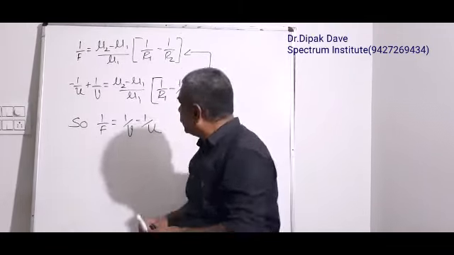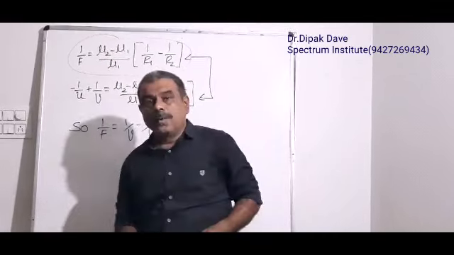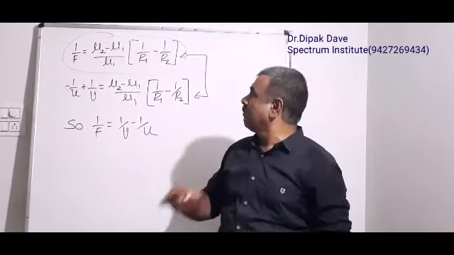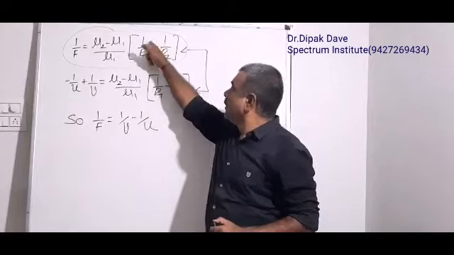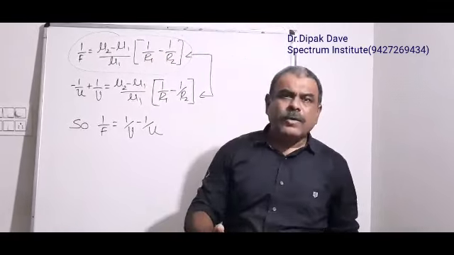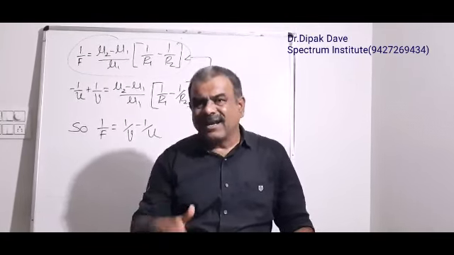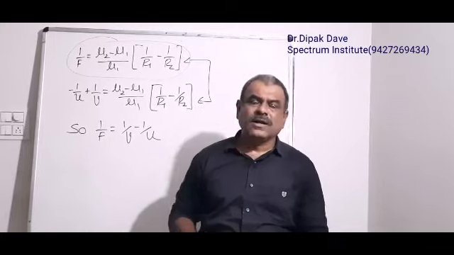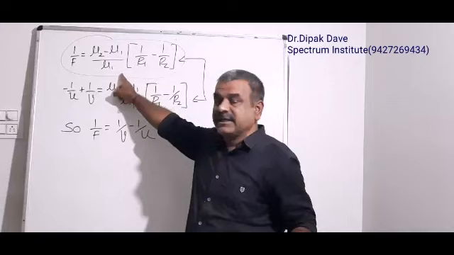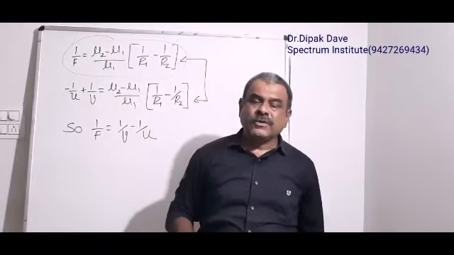Now, this is an important concept. 1 by f is equal to mu2 minus mu1 by mu1, into 1 by r1 minus 1 by r2. Students, right now we are going through digital media, but in physical classes I used to take at least 1 hour of concept on this single equation. So here also I don't want to compromise with quality.